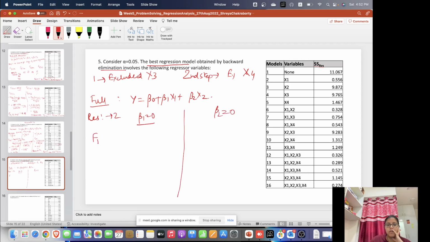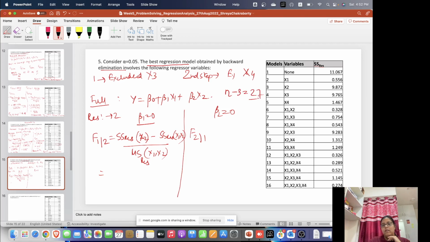So here I am going to find F1 given 2 and F2 given 1. SS residuals due to x2 minus SS residuals due to x1, x2, by MS due to x1, x2, and here the degrees of freedom would be n minus 3.